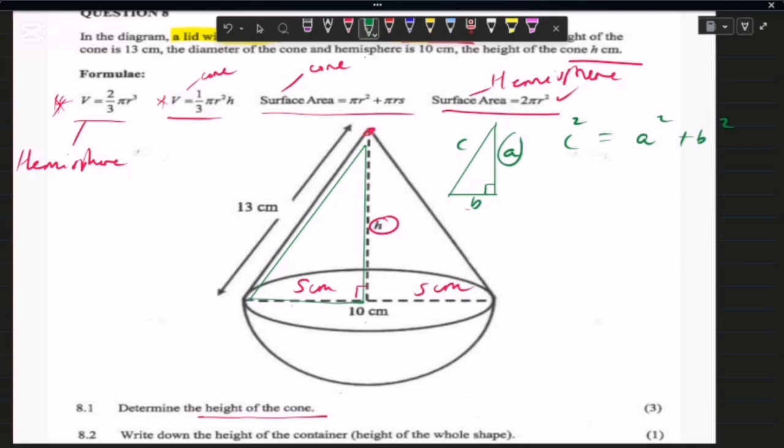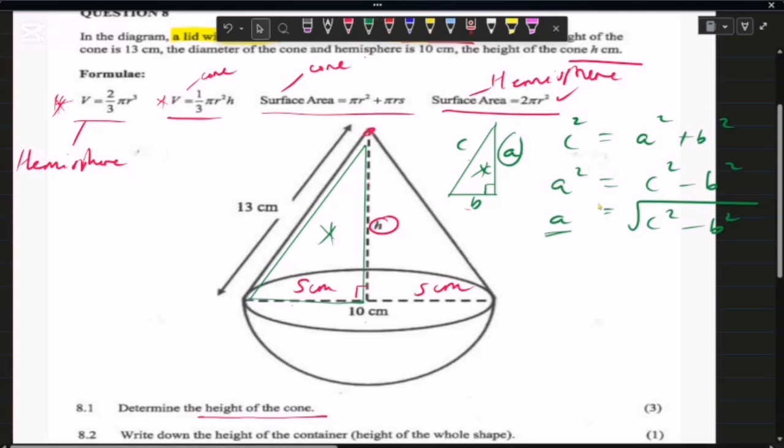So we'll say that A squared is C squared minus B squared, and then we can therefore say that A is equal to the square root of C squared minus B squared. So this is how we'll get the value of A. Now the very same method that we are talking about in this triangle is what we will use to determine the value of h. We will use the theorem of Pythagoras.